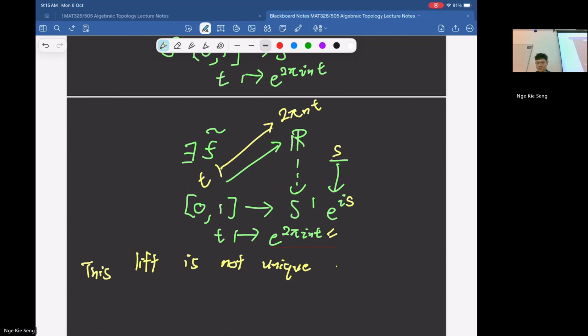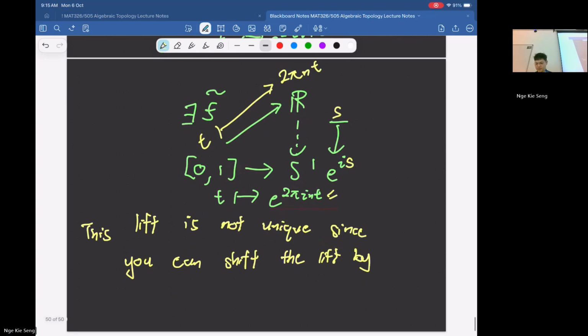Since you can shift by what? Pi or a multiple of pi. Okay, you can shift the lift by 2 pi k, such that k is in Z. Okay or not? Because e will absorb the period.